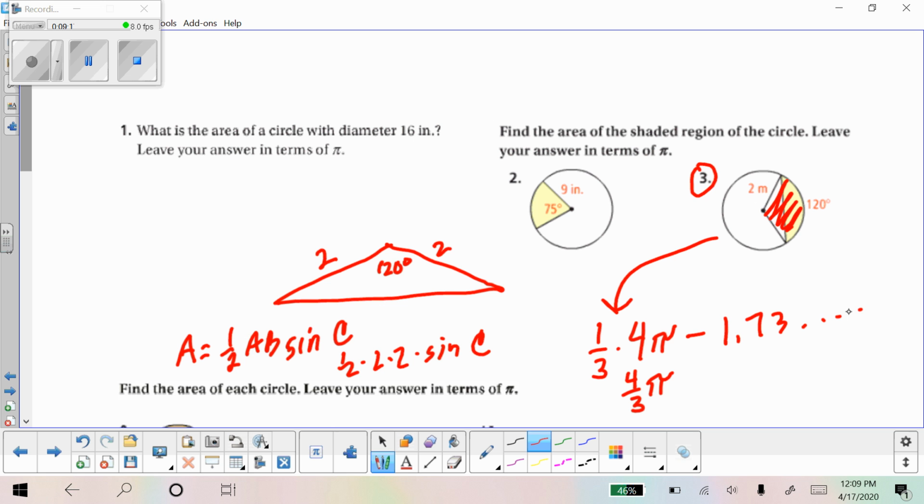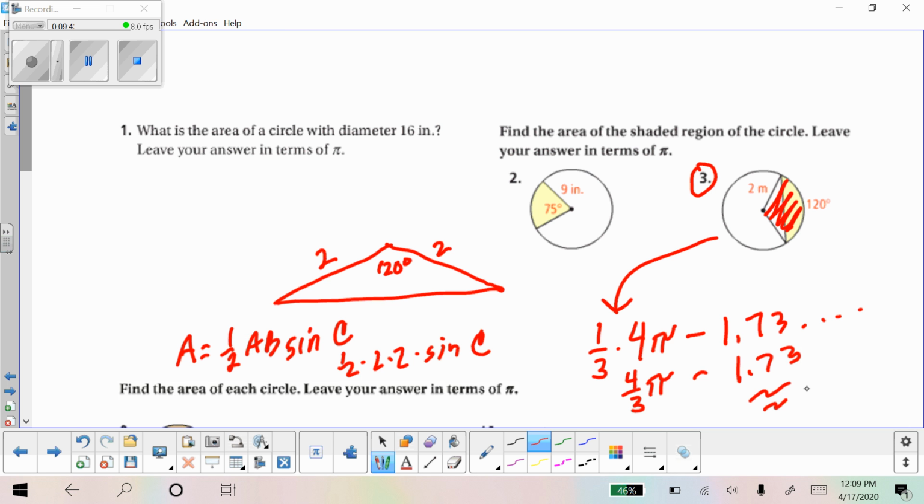I'm going to keep that whole number in my calculator while I do that, though, so I can keep it as accurate as possible. And when I do that, I get about 1.73. Oh, that was my last answer, sorry.